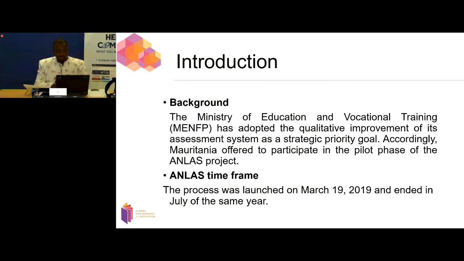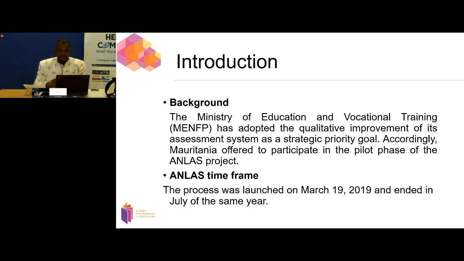Here we are. So here, why did Mauritania get interested in this project? The Ministry of Education has adopted the qualitative improvement of its assessment system, and we were in a final phase for our sector plan for education.